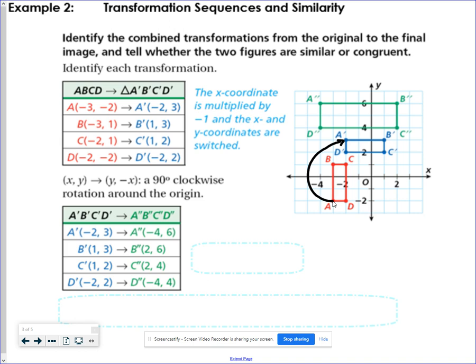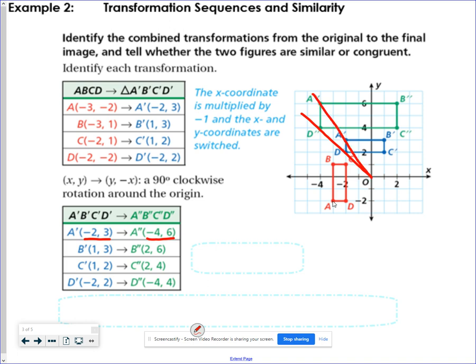Once I know that, I've got my blue, now the single prime, and I want to go to the double prime, the greens. Look at the numbers in the ordered pairs. Again, you can be looking at the graph as well, but to go from negative 2, 3 to negative 4, 6, those numbers double. And that happens in all of these ordered pairs. Everything is doubling. And if you use my trick with checking to see if it's a dilation or not, to go through the origin, there's D prime and D double prime.